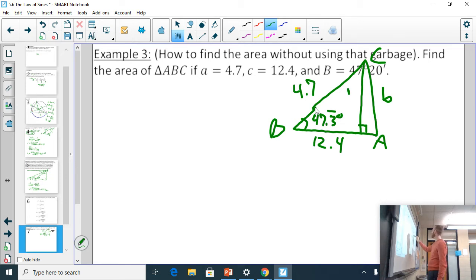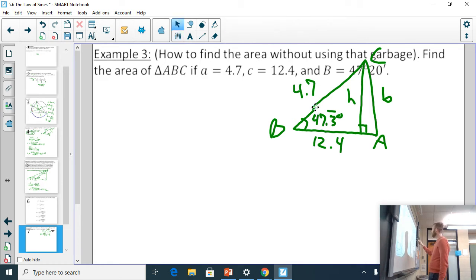So let's find this height h. Well, I bet to find that height h, we can use some trigonometry. So let's involve this angle B and two sides that we know. This 12.4 gets messed up because we've kind of cut it up with this altitude. So let's use this angle here. We need to involve h, our height, and our hypotenuse.